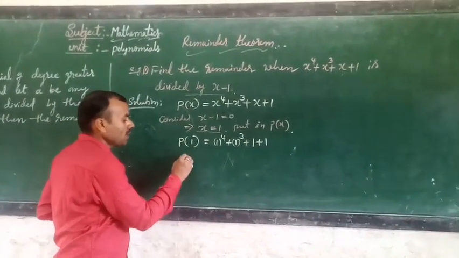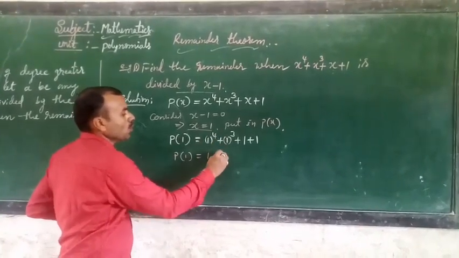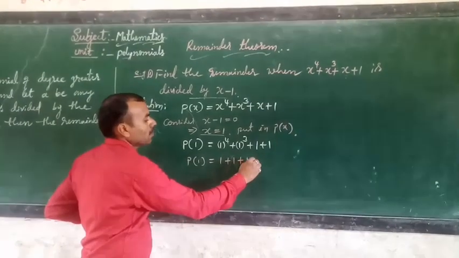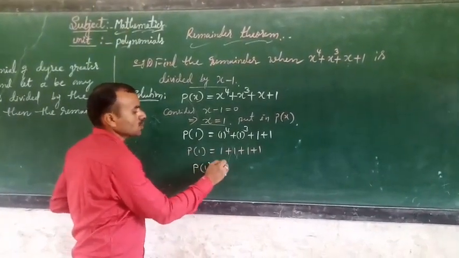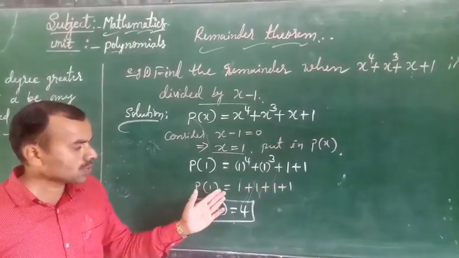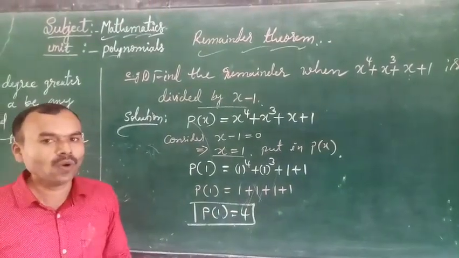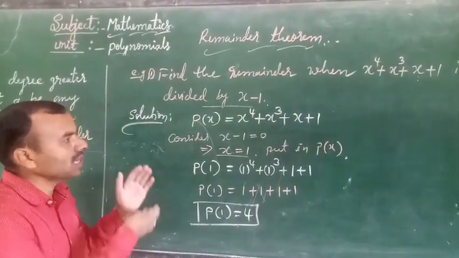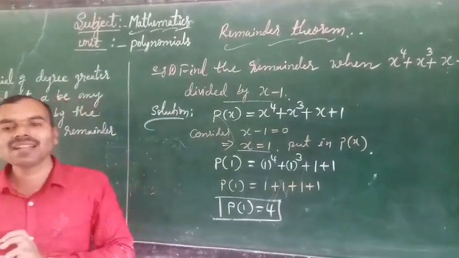P of 1 equals 1 to the power of 4, 1, 1 cube, 1, plus 1 plus 1. P of 1 equals 1 plus 1 plus 1 plus 1, 4. P of 1 is equal to 4. By using this example, we state the remainder theorem.